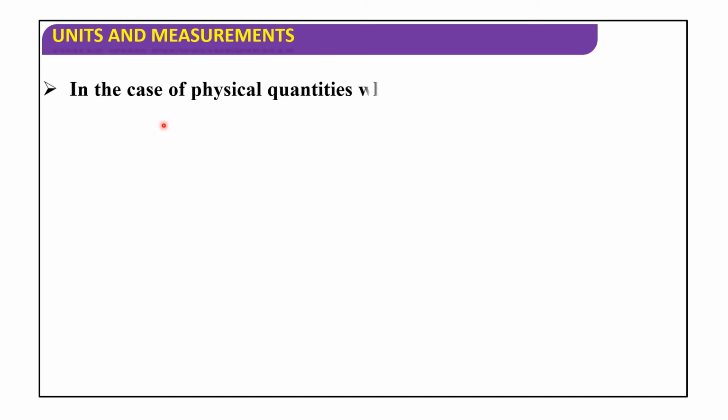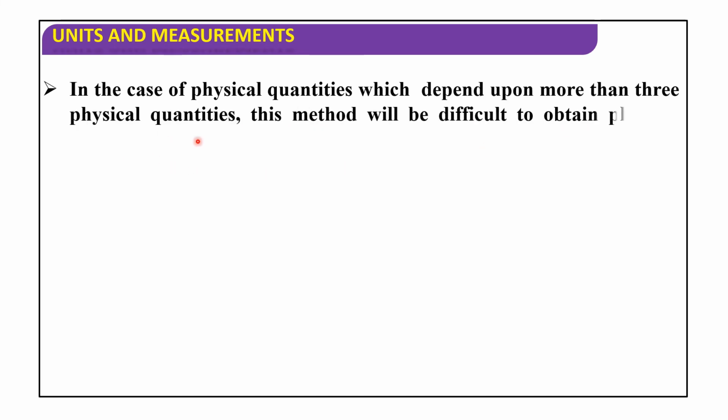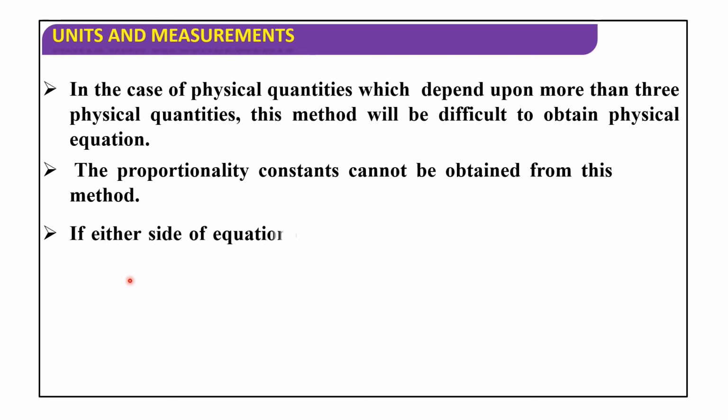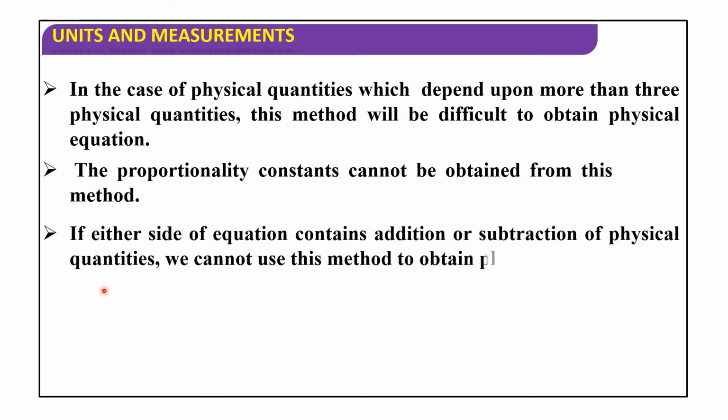For physical quantities which depend upon more than 3 physical quantities, this method will be difficult to use to obtain the physical equation. If either side of the equation contains addition or subtraction of physical quantities, we cannot use this method to obtain the physical equation.